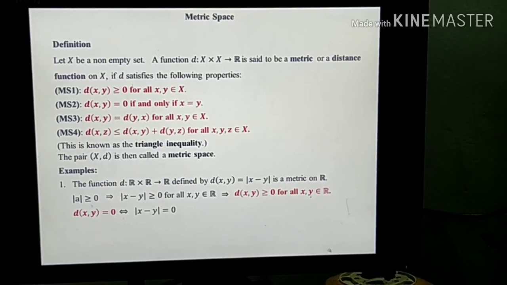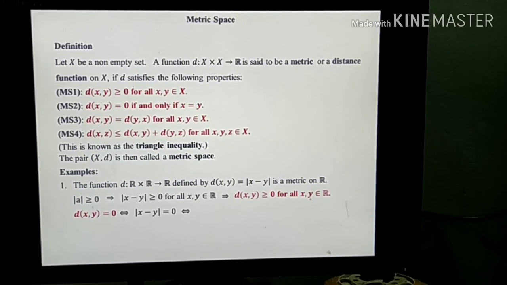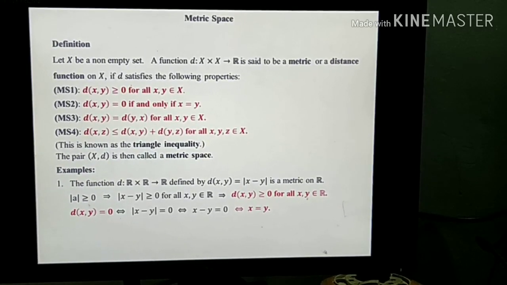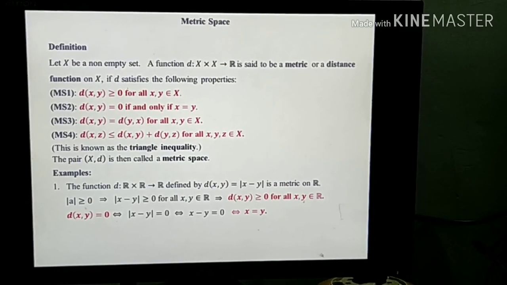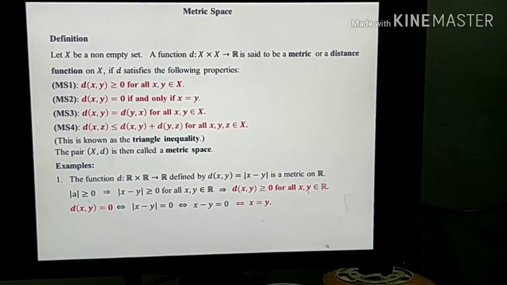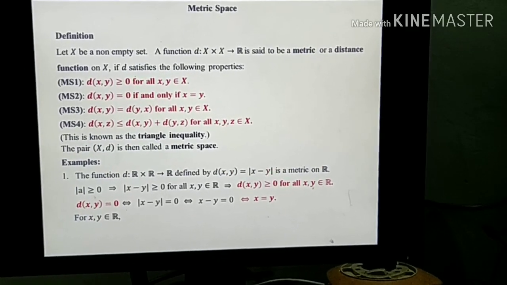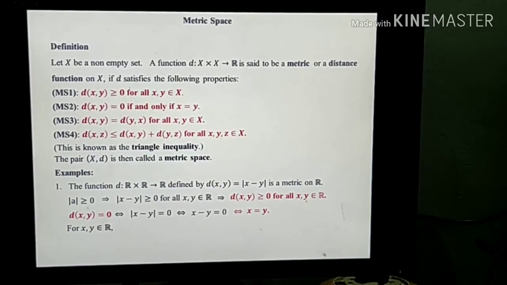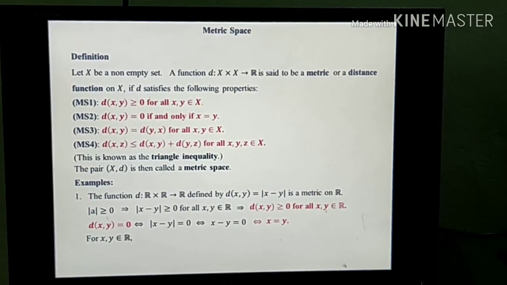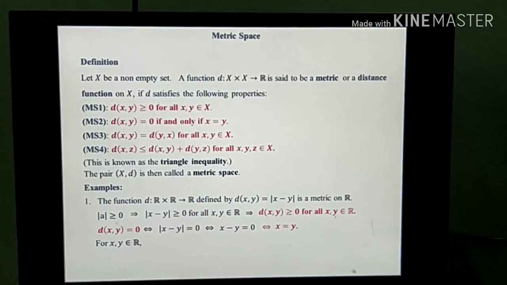Therefore, mod x minus y is equal to 0 if and only if x minus y is equal to 0, and x minus y is equal to 0 if and only if x is equal to y. Here we prove that d(x,y) is equal to 0 if and only if x is equal to y. And therefore the second property of metric is satisfied by D also.